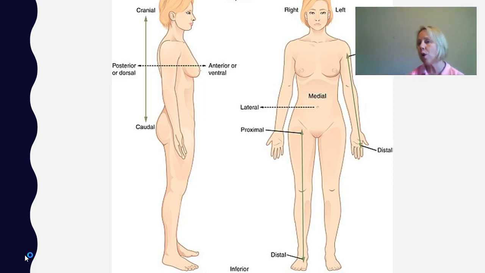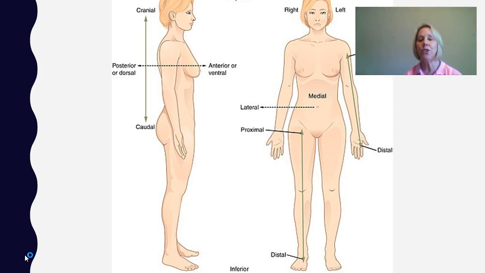So if you think of a road, the median of the road is in the middle, and the lateral parts would be the shoulders of the road. And then the terms proximal and distal are referring to the arms and the legs. Notice proximal means toward the point where the arm connects to the body, and distal is referring to away from or distant from the attachment of the arm to the body.